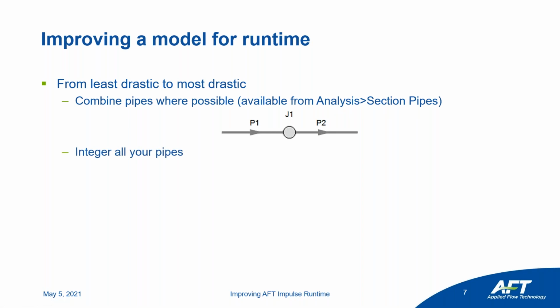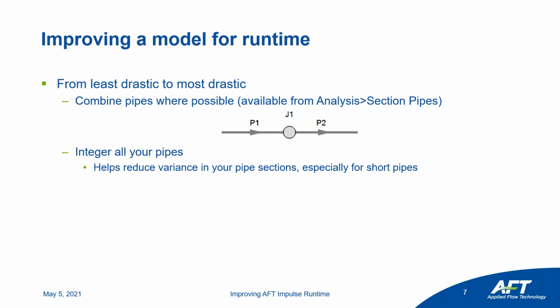Another potential option is to integer all your pipes. So this will help reduce a variance in your pipe sections, especially for short pipes. If we think back to our 1.5 foot versus 2 foot pipe model, if we rounded up that 1.5 foot pipe, then both of those pipes will be a closer order of magnitude and can have similar sections.